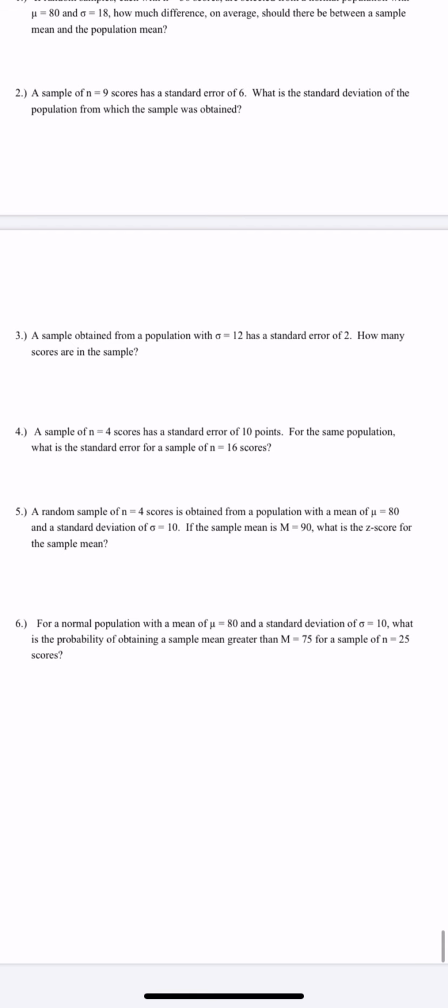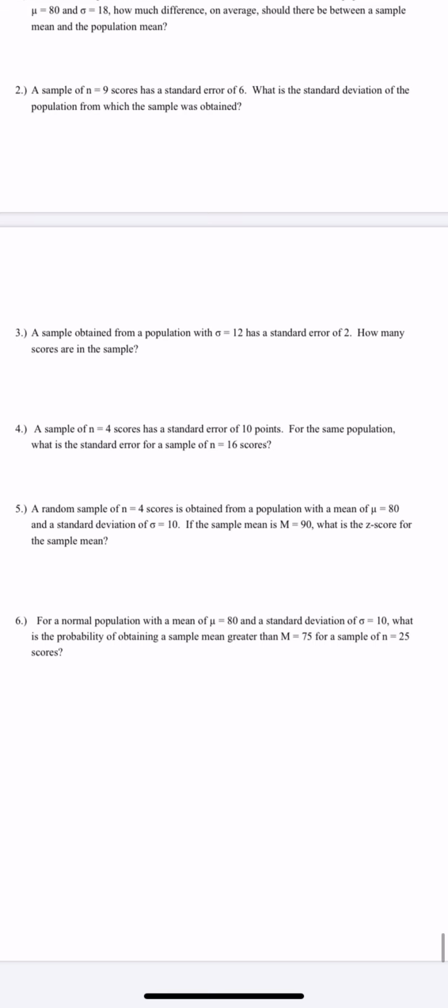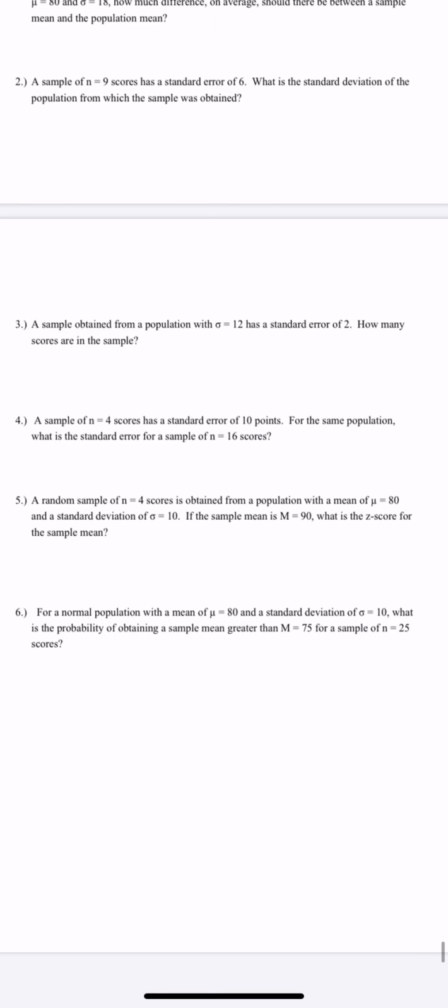A random sample of n equals 4 scores is obtained from a population with a mean of 80 and a standard deviation of 10. If the sample mean is 90, what is the z-score for the sample mean? Now, all we do here is plug it into that new z-score formula for sample means. So we take the sample mean, which is 75, minus 80, and then divide it by standard error, σM.